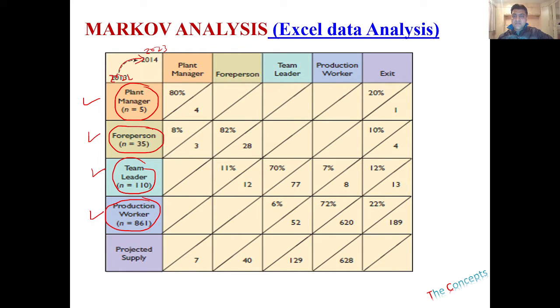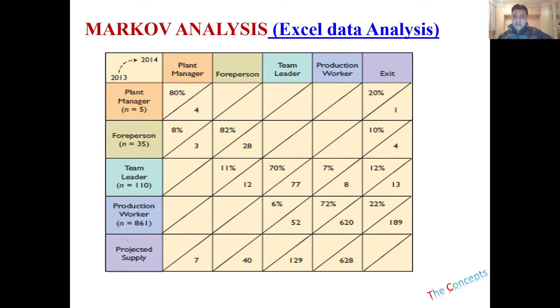Now, because it's a matrix, the plant manager, foreperson, team leader, and production worker go vertically, and you have to go in the matrix horizontally like this. So these are the same jobs.